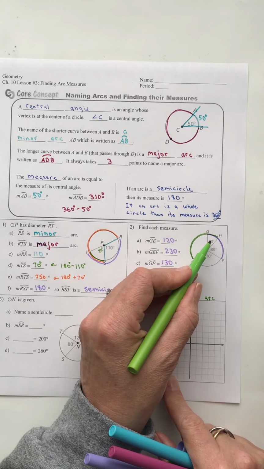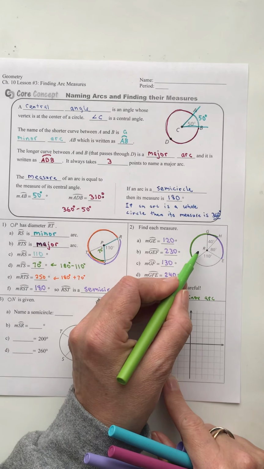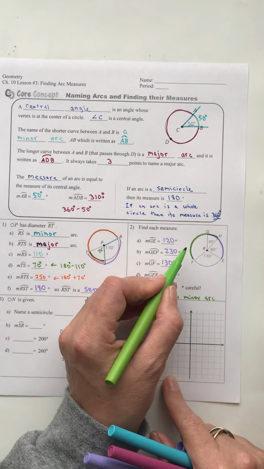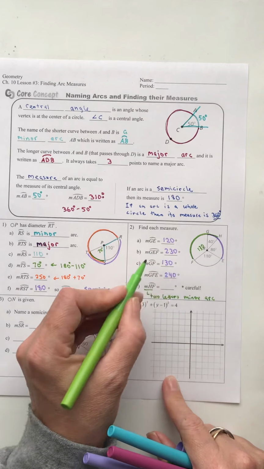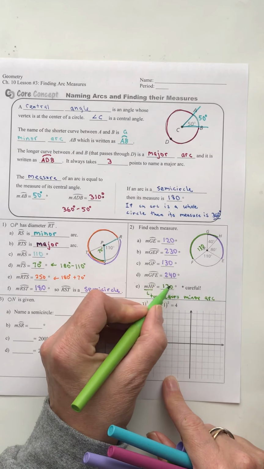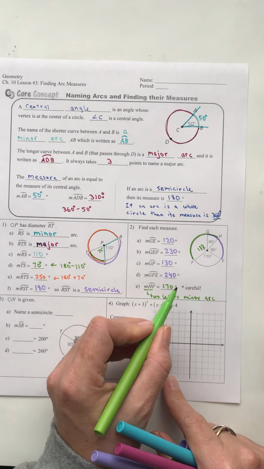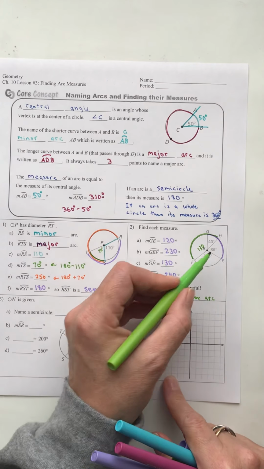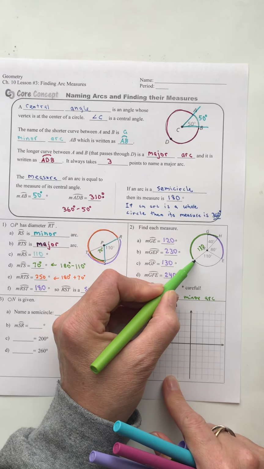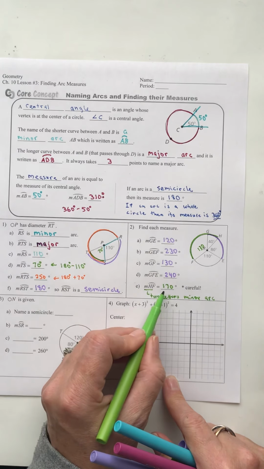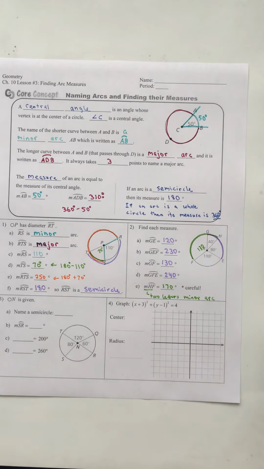So if this is 40 and this one was 130, I could put in 130 here. Then 40 plus 130 is 170. If you got 190, that's what you would get if you started at H and went this way. But 190 is more than 180, so the correct answer to this is 170.